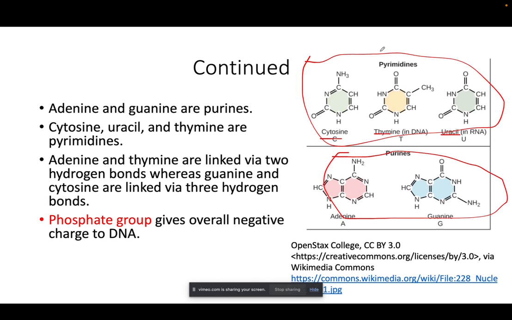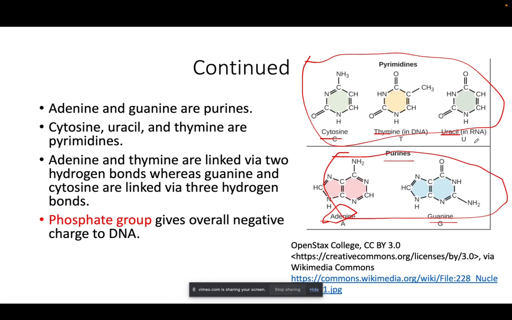And the way I remember these purines and pyrimidines is "pure as gold." Pure means purine, A stands for adenine, and gold stands for guanine. Okay, so pure as gold. Purines are adenine and guanine, and pyrimidines are cytosine, thymine, and uracil.